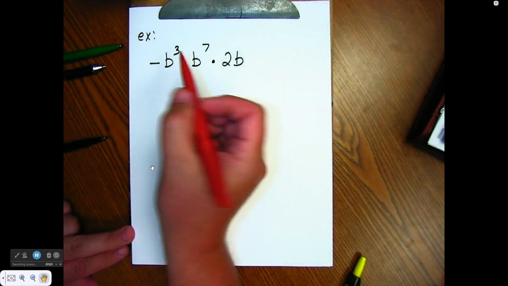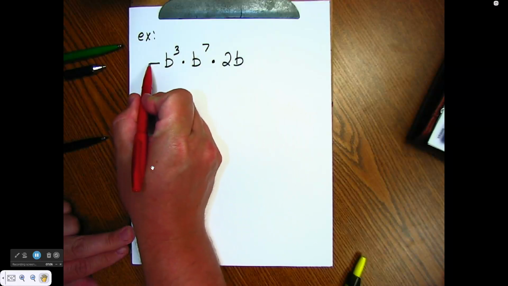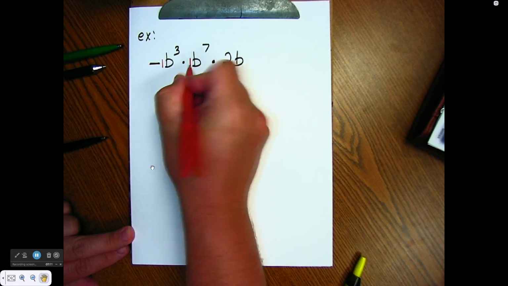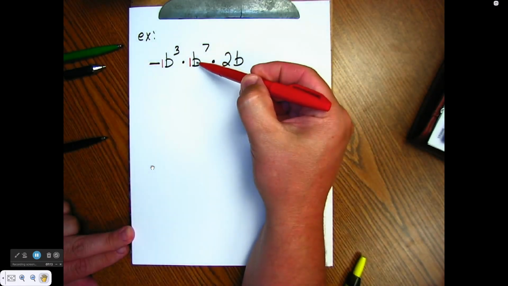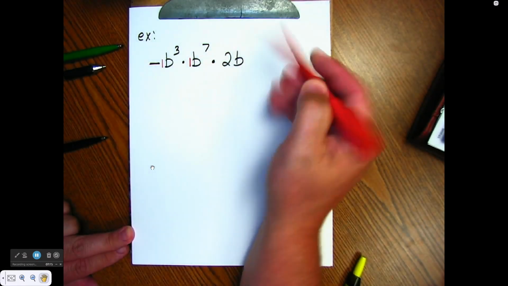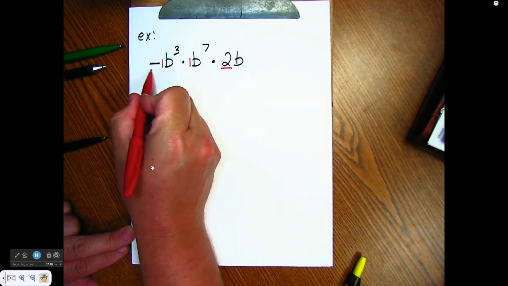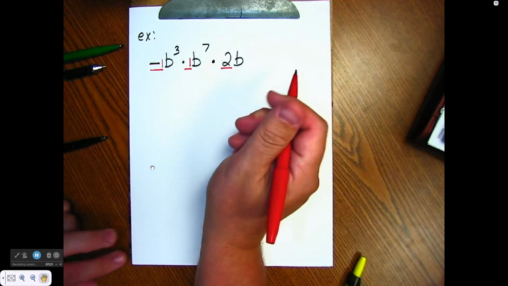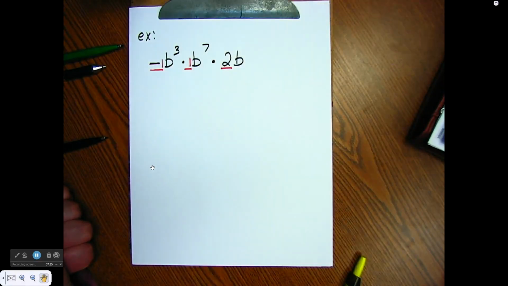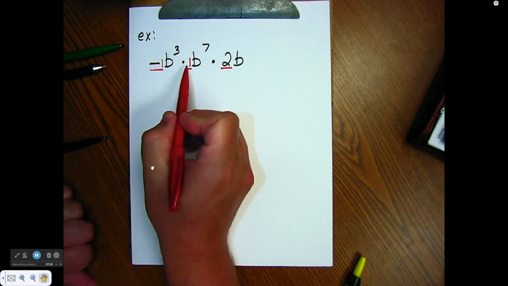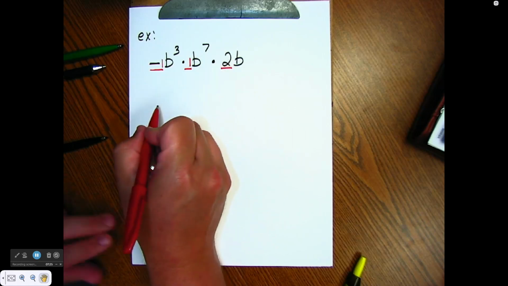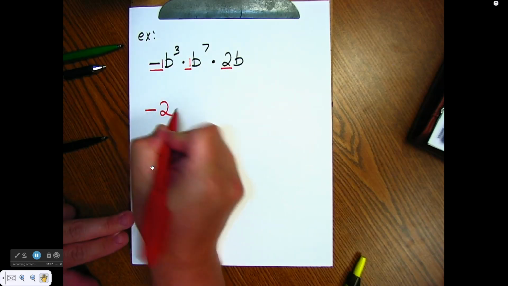So technically what I'm about to multiply is an understood negative 1 times an understood positive 1 in front of this b to the seventh times this 2. So we have negative 1 times positive 1 times 2. Multiply the coefficients together first. Negative 1 times positive 1 is negative 1, times positive 2, that's going to give me negative 2.